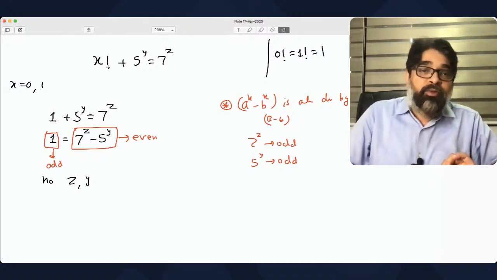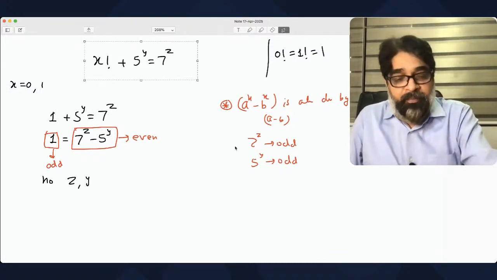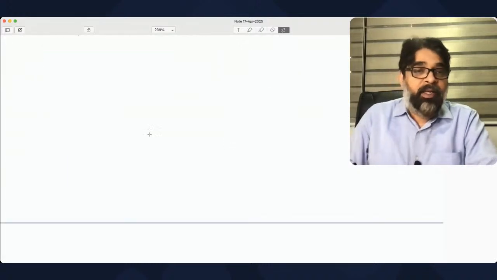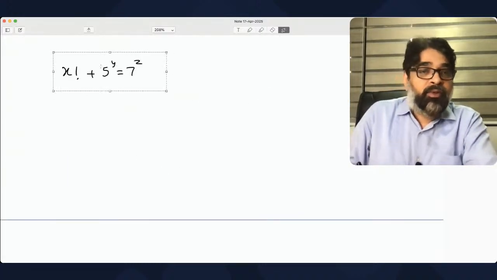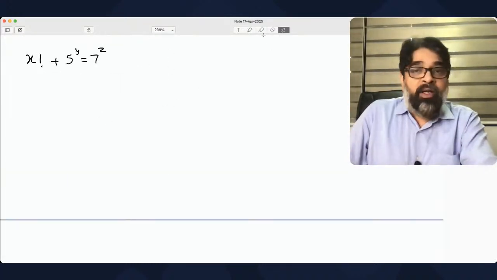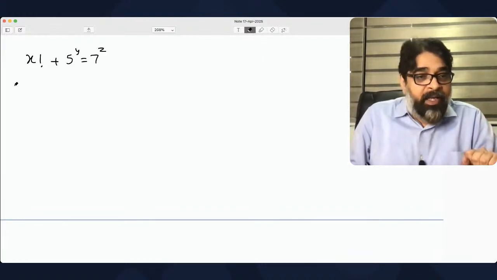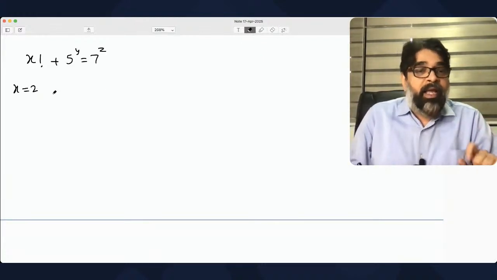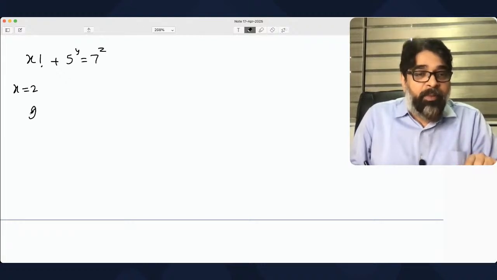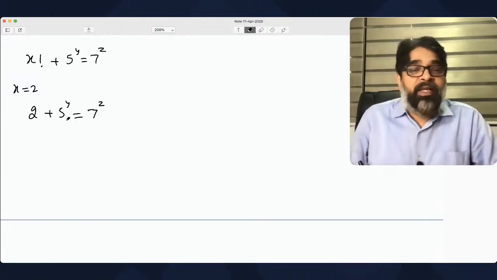Now, coming to 2, 3, 4. For 0 and 1, no solution, that we discussed. Now x equal to 2. If I put 2 factorial, it becomes 2 plus 5 power y equals 7 power z. And now it's very simple.